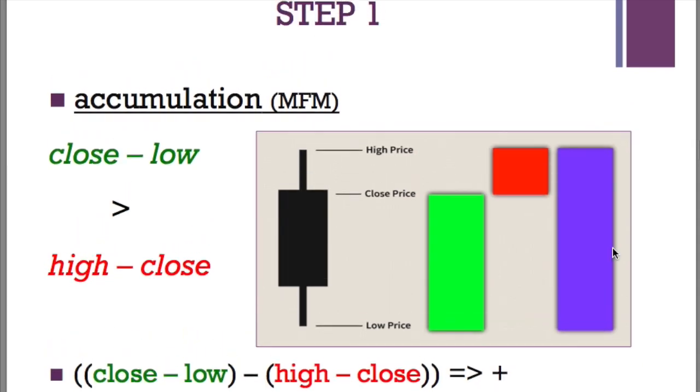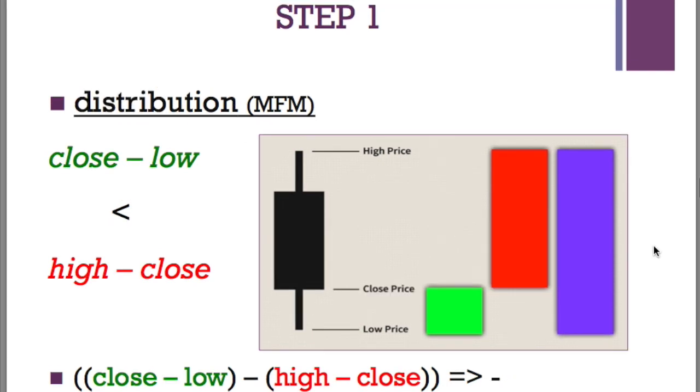Now the close-low difference can be greater than the high-close difference. So here the close-low difference minus the high-close difference will give a positive value. Then we talk about accumulation. Now the close-low difference can be smaller than the high-close difference, right?